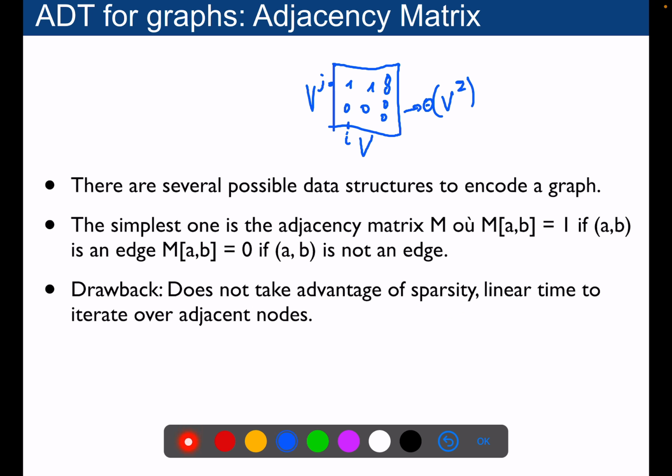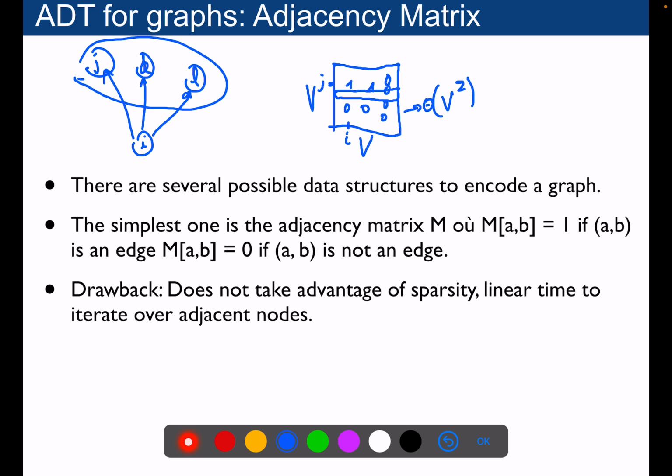Okay, so for instance, if you have the node i, and you have only a few nodes going out of that one, for instance j, k, l, and you want to iterate over the adjacent nodes here. Instead of going through all the nodes and having to parse the whole row of the data, we would like to have something which is proportional, which is linear in the number of adjacent nodes.